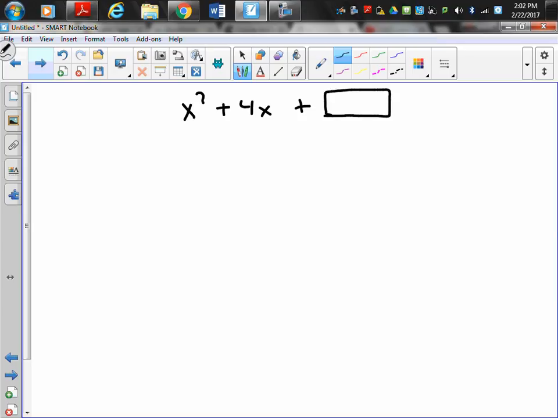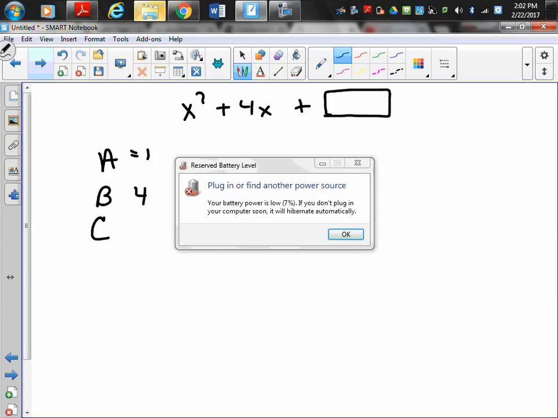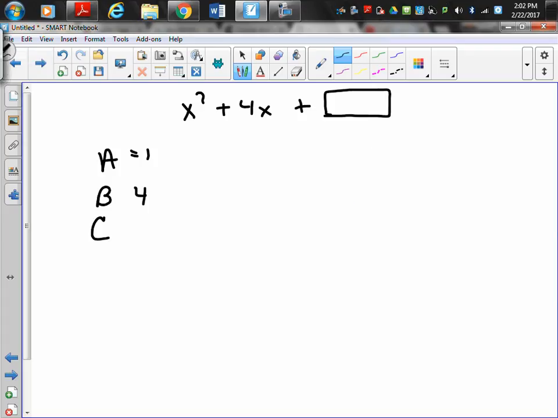So what we do, we take our constants and we label them A, B, and C. The number with the x squared goes with A. The number with the x goes with B. And the number with no variable is C. So what's the value of my C? 0, because the only thing I can add here to keep this the same is 0.